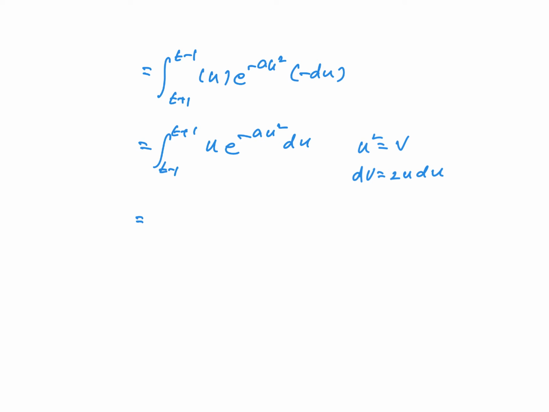So this is the integral from (t - 1) squared to (t + 1) squared of exponential minus a v dv over 2.